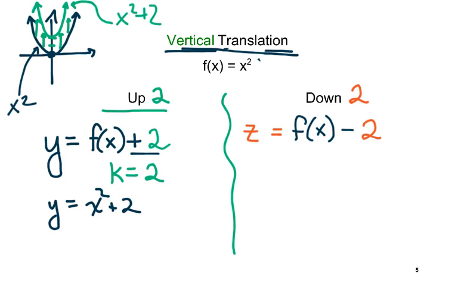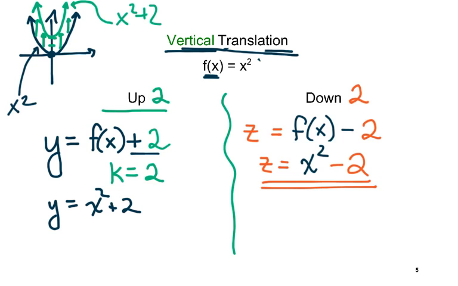It's a translation of f of x. So we're going to do a substitution wherever that f of x is, right here. We're going to substitute it with x squared. So we're going to write an x squared minus 2 equals z. And this is our translated function.